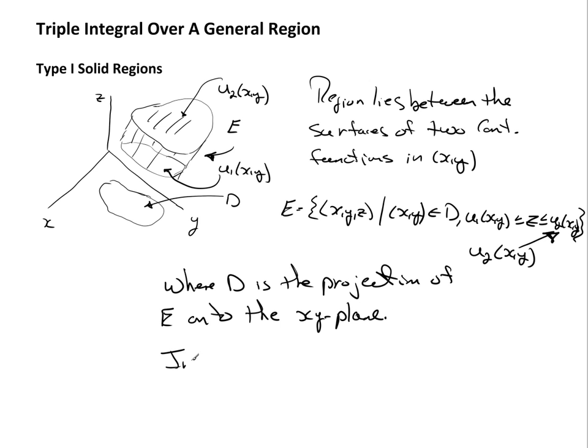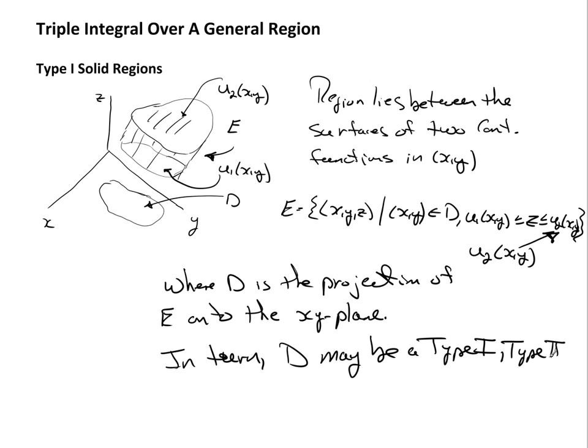Now, in turn, D may be a type 1, type 2, or neither, one of those combinations of type 1s and type 2s. So D could be a type 1 or type 2 region, and then E could be a type 1, and I'm about to talk about type 2 and type 3 solids.